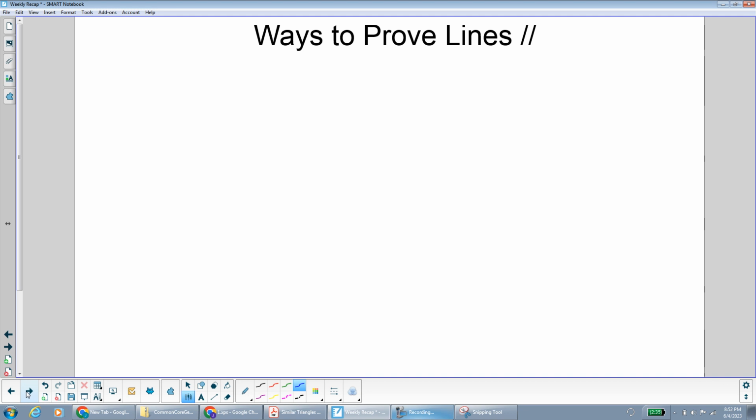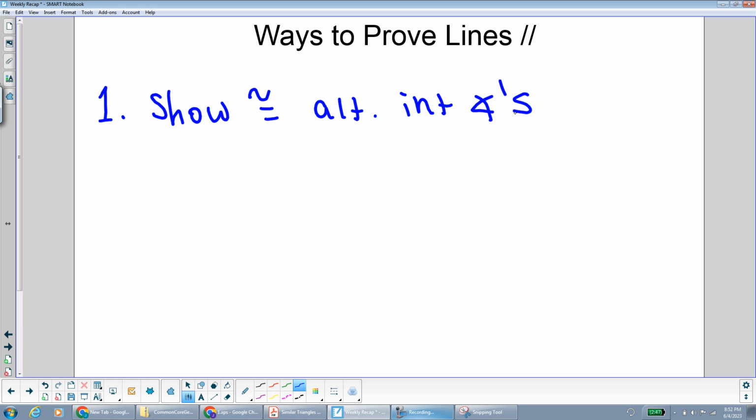So if you're writing a proof that says prove two lines parallel, or if you have a question about making lines parallel, the ways that you can prove lines parallel that come up the most often are, number one, show that you have a pair of congruent alternate interior angles. If you can show that, that will prove that the lines are parallel.